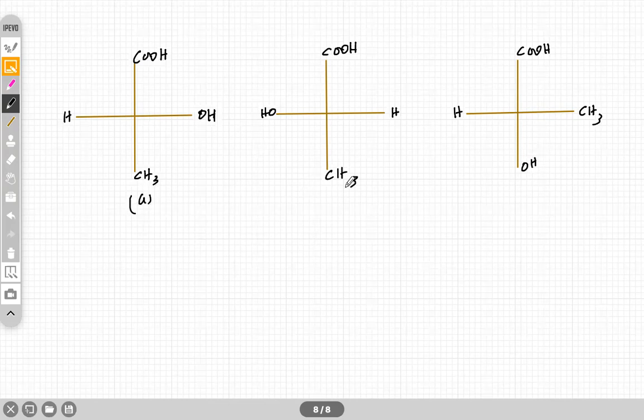A, B, and C. You tell me the relation between A and B, A and C, and B and C. Which pair is a pair of enantiomers of each other? Remember, non-superimposable mirror image.